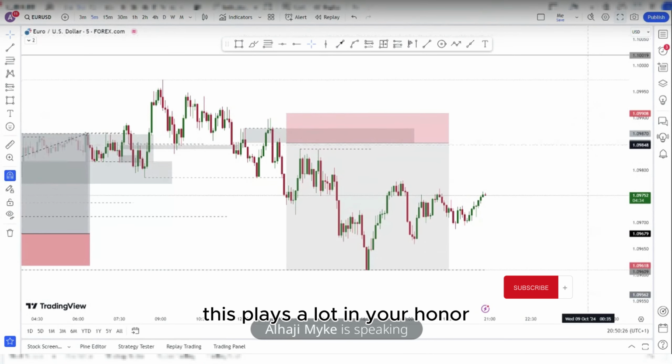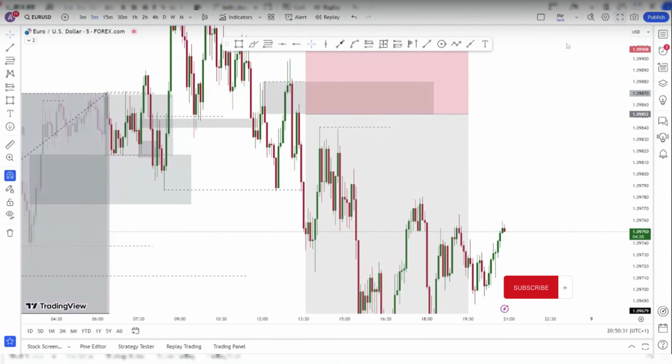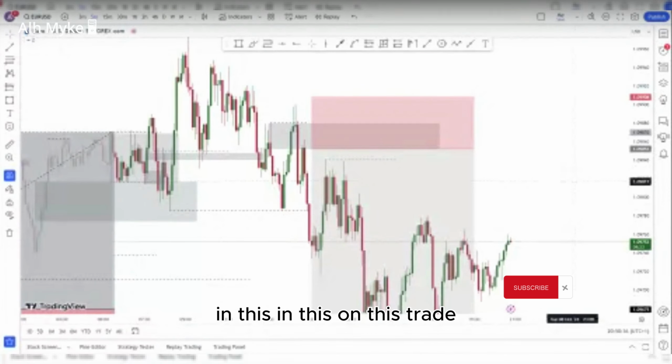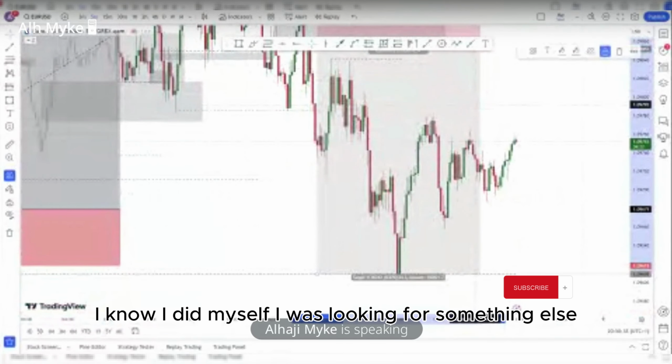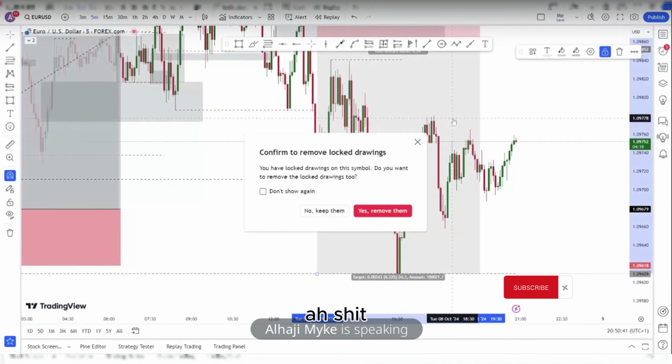This plays a lot on Euro. On this trade, I'm the one that did it myself. I was looking for something else.